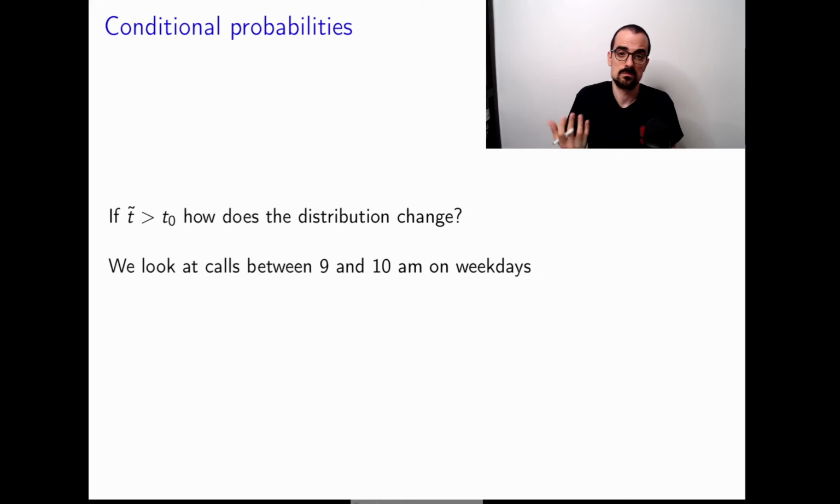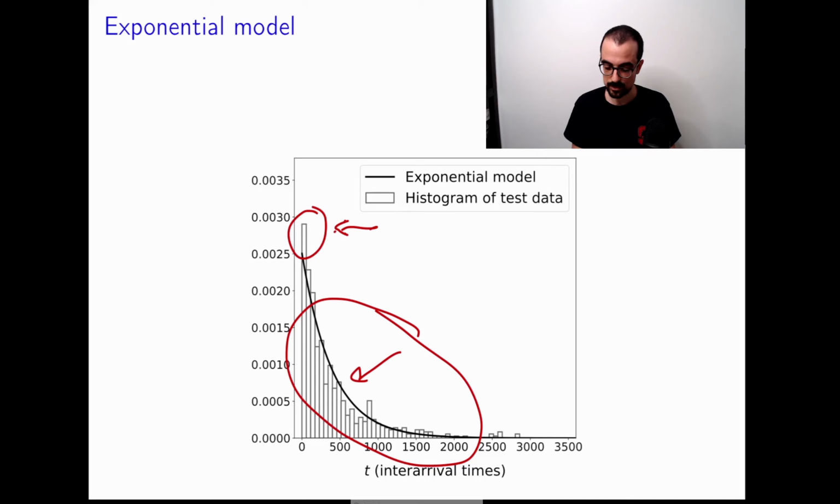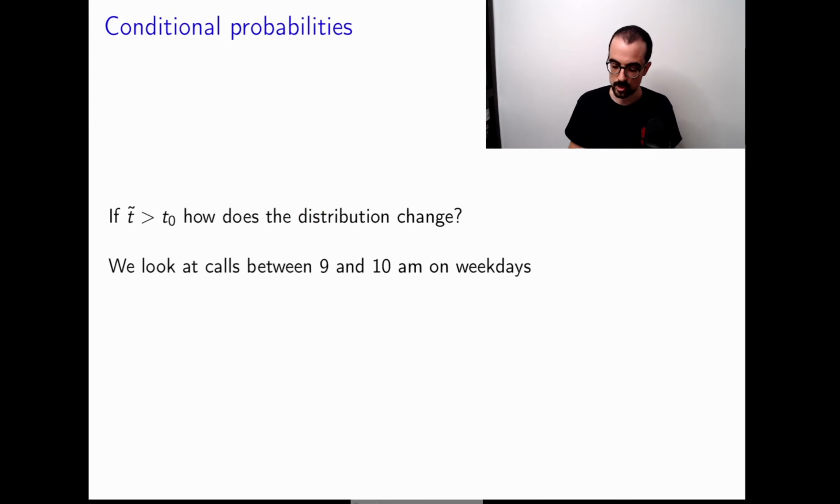So as usual, the parametric model is pretty good, but it's not perfect because there is some structure that is not accounted for in the assumptions that we have made to derive the parametric model. Okay, now let's talk about conditional probabilities, because the exponential distribution has a very interesting behavior when you consider its conditional distribution.